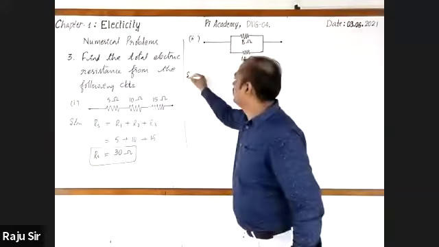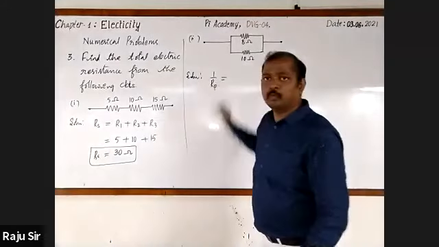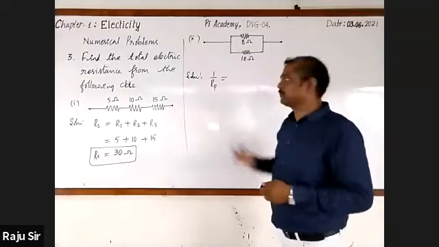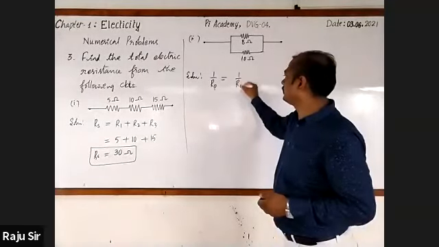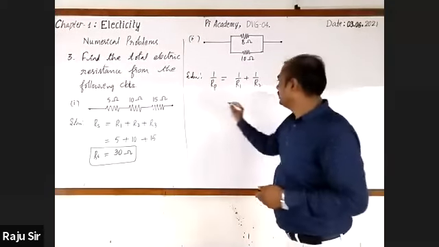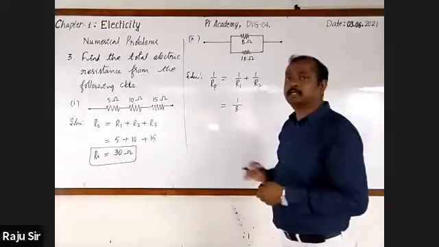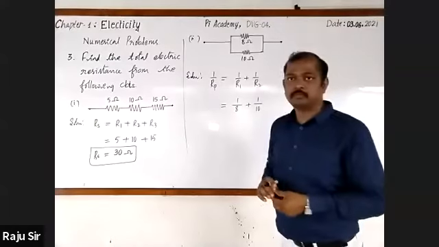So now let us go for finding the effective resistance. It is 1 by Rp is equal to 1 by R1 plus 1 by R2. This is equal to 1 by 8 ohm, the second one is 10 ohm.